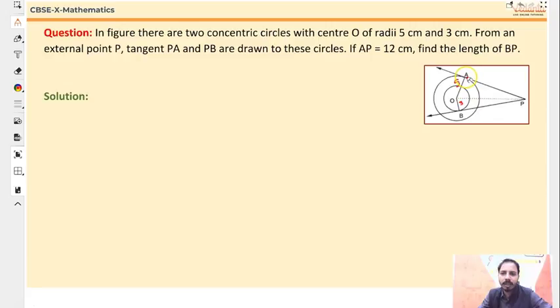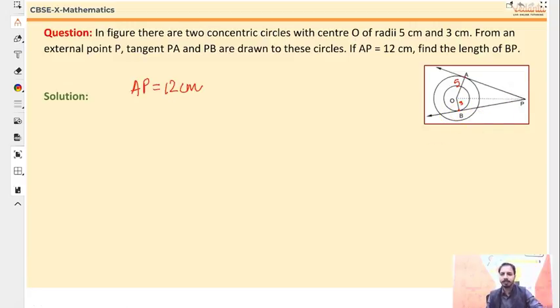On the circle with radius 5, I have point A, on the other one I have point B. Now they are saying that AP is equal to 12 centimeters. Find the length of BP.